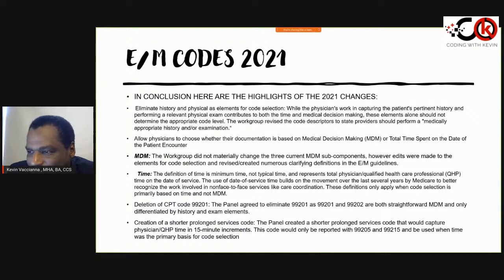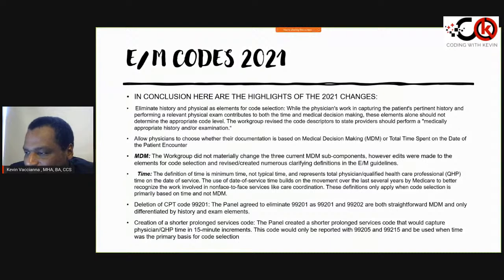MDM, the work group did not materially change the three current MDM subcomponents. However, edits were made to the elements for code selection and revised, created numerous clarifying definitions in the E&M guidelines. Time. The definition of time is minimum time, not typical time, and represents total physician or qualified healthcare professional time on the date of service.